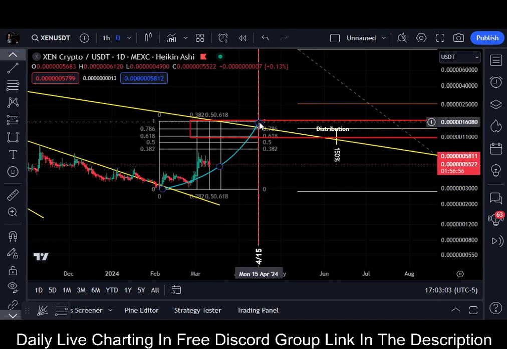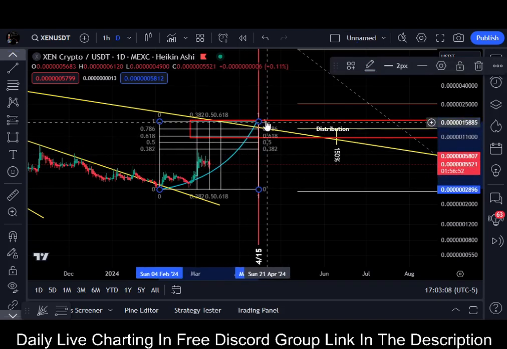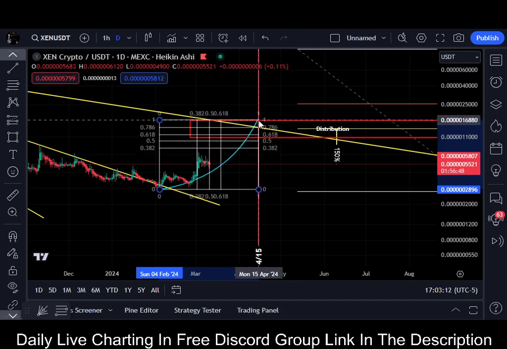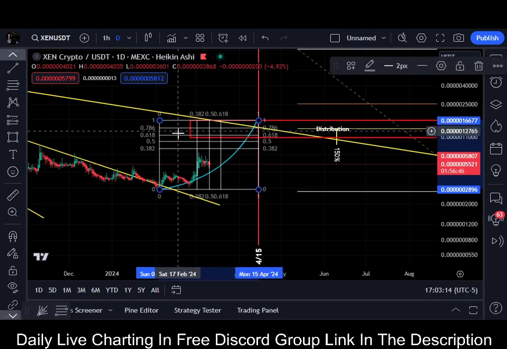So I'm taking this Gann box and I'm taking the 382 time mark and I'm putting it at that high, and I'm putting the high price also there.